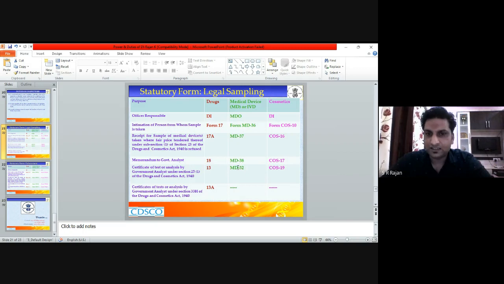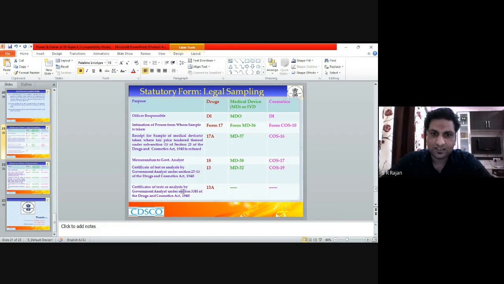For medical devices, it is MD32, and for cosmetics, it is COS 19. Form 13A is given by the government analyst under section 33H, if the samples taken are Ayurvedic, Siddha or Unani drugs. There is no such provision for medical devices and cosmetics.